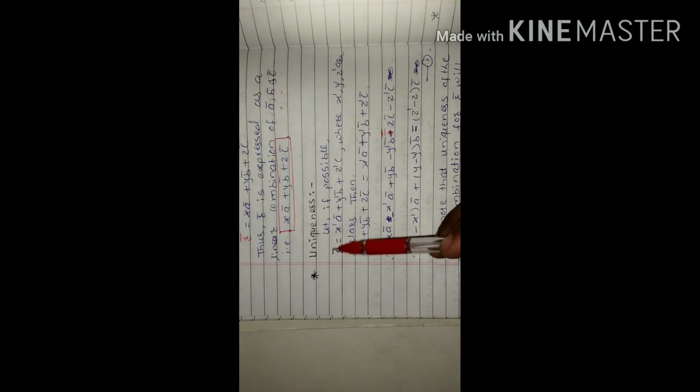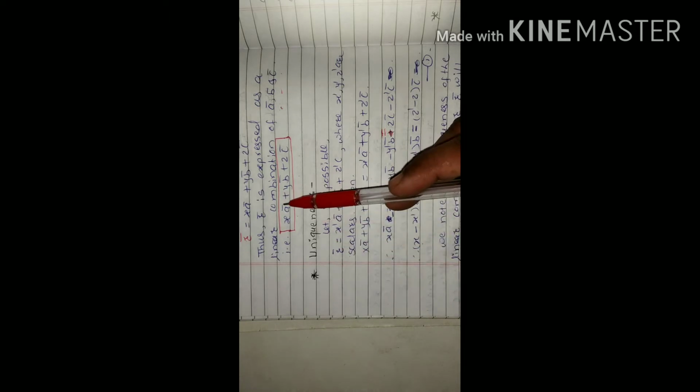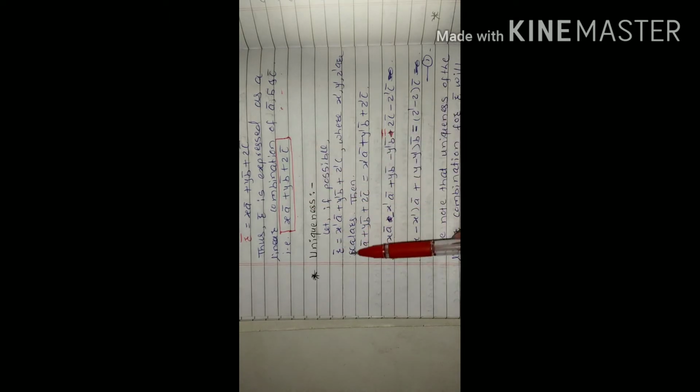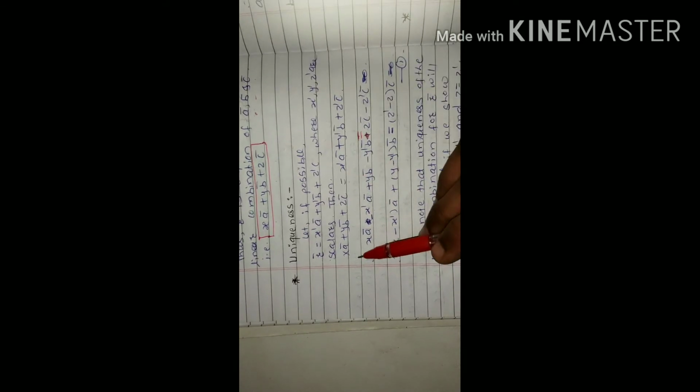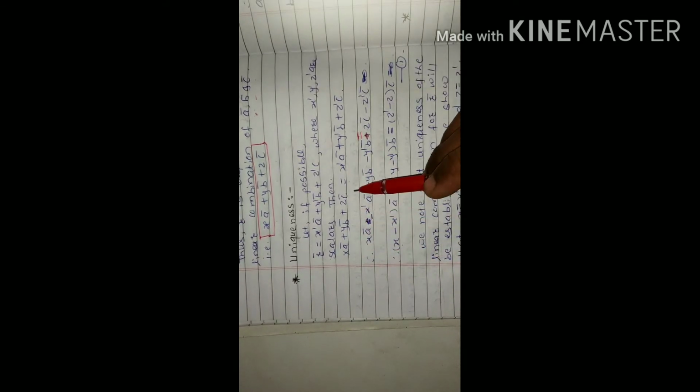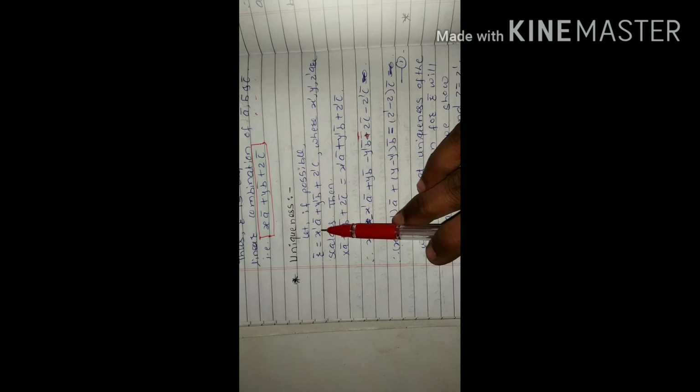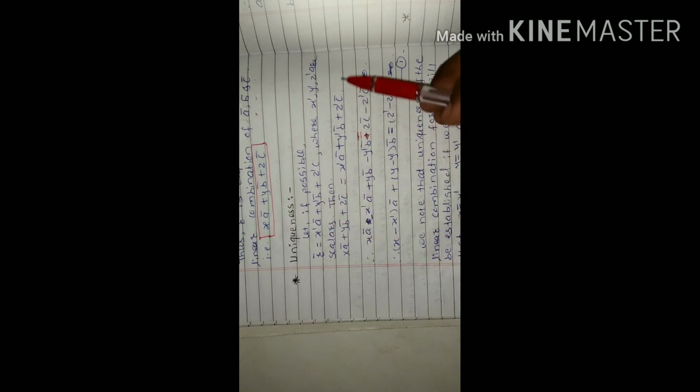We know that the resultant vector is equal to x a bar plus y b bar plus z c bar. Then we take another resultant vector. Let r bar be equal to x dash a bar plus y dash b bar plus z dash c bar, where x dash, y dash and z dash are scalars. Then x a bar plus y b bar plus z c bar is equal to x dash a bar plus y dash b bar plus z dash c bar.